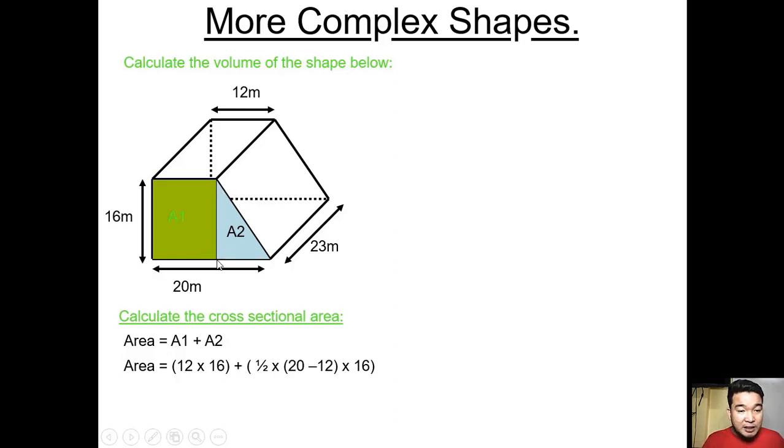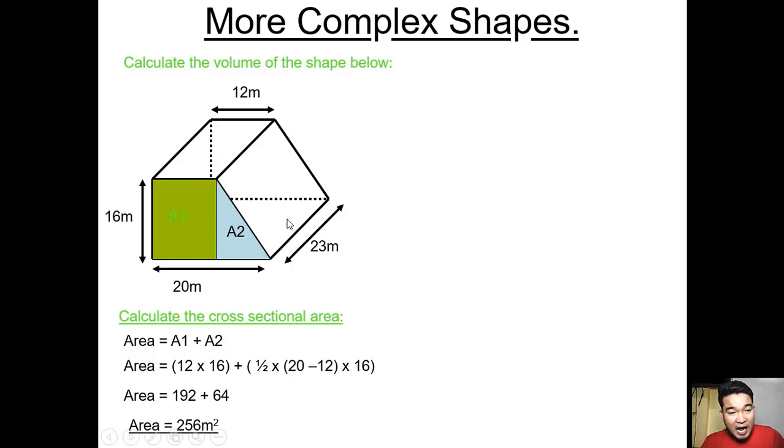So we have, this is 8 since the whole side is equal to 20, and if this is 12, 20 minus 12 is equal to 8. So this is 8 and the height is 16. So definitely that is 8 times 16 divided by 2 to get the area of the triangle. So simplifying this, we'll have 192 plus 64, which is 256. So that is the cross-sectional area.